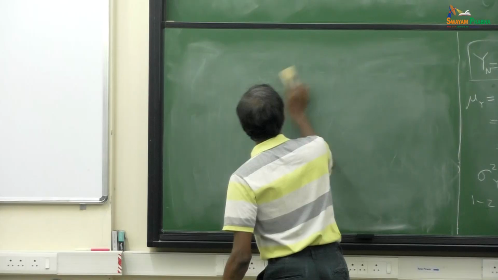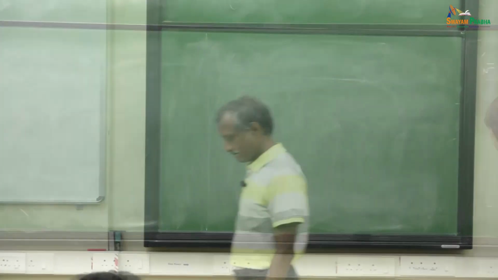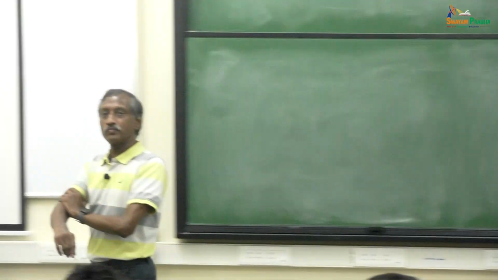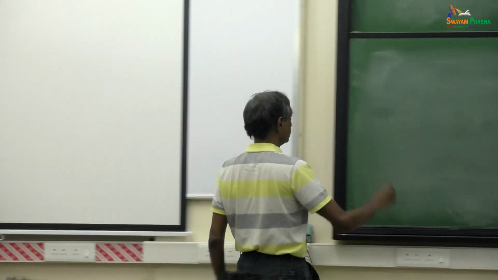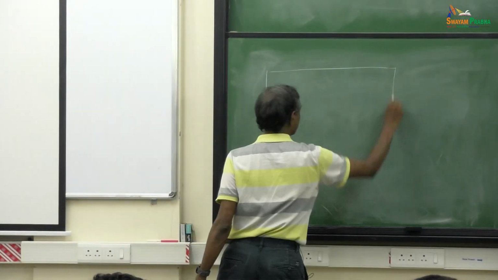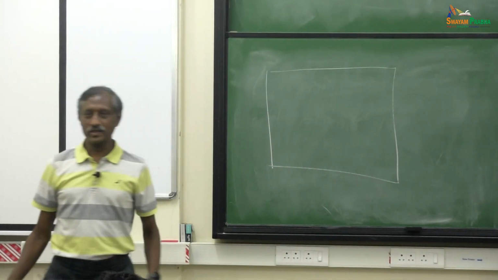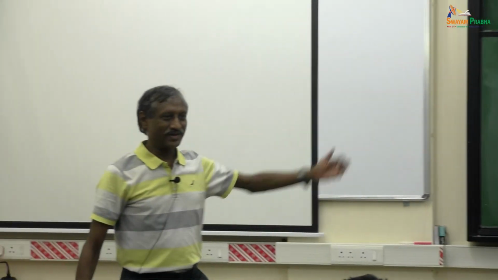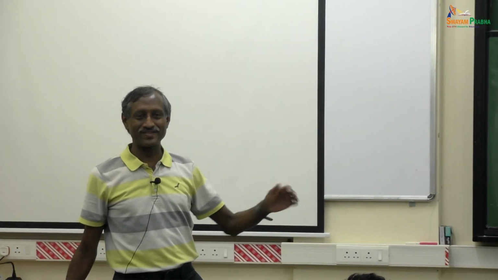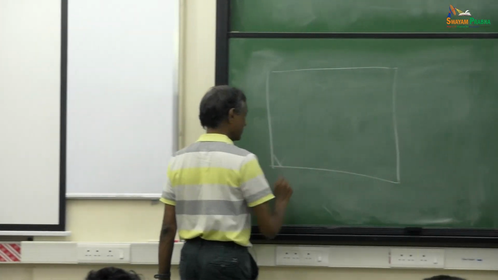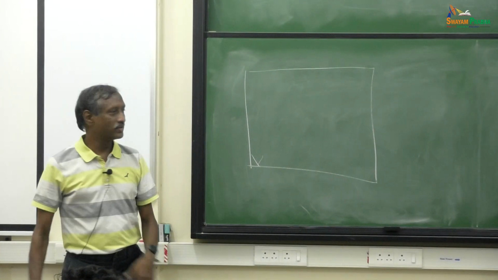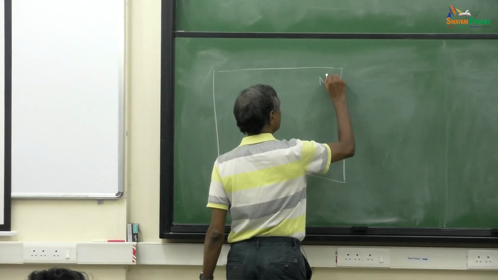So we're now going to do a physics problem. The setup is the following. I have a box. This is a 3D box, but I have a 2D blackboard, so a square is my approximation to a box. It has volume V. And there are n particles.